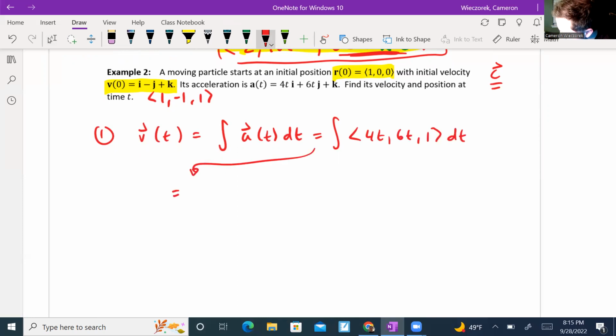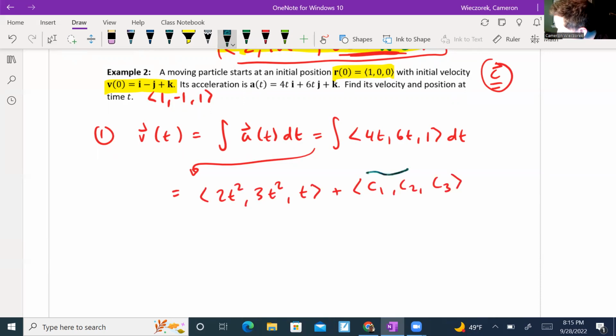This would give me 2t squared, 3t squared, and if I integrate 1, I get t, plus some constant vector c, which is going to have 3 components. I'm going to call it c1, c2, c3. So this vector right here is my constant vector. And this is equal to v of t.